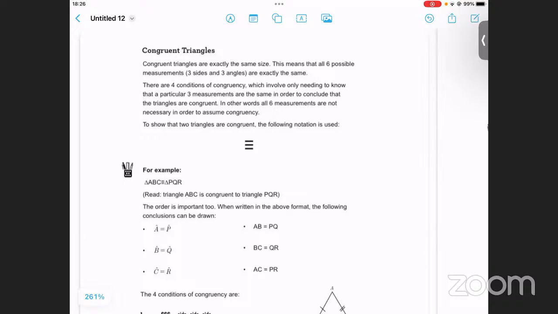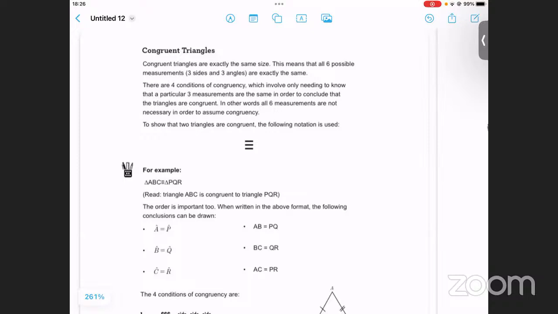If you have 3 things that are the same, let's say a side, an angle and a side, situated in the same positions, then you can conclude that the triangles are congruent.